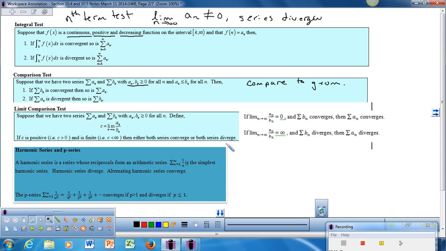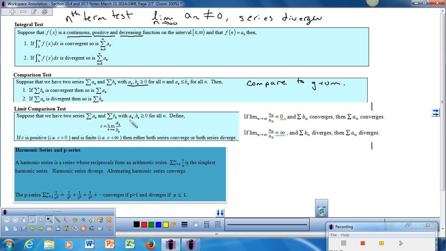Indeed. All right. The third test is the limit comparison test, probably your most useful test for tonight's homework. And I tend to use this one a lot. I find it easy to work with. In this one, we have two series, and they're all positive.